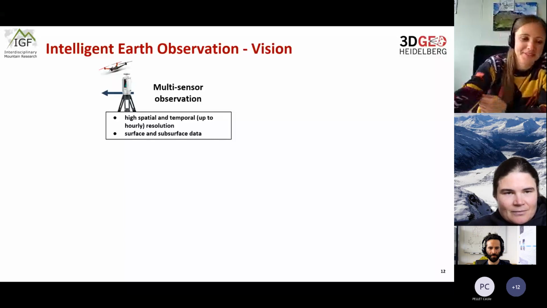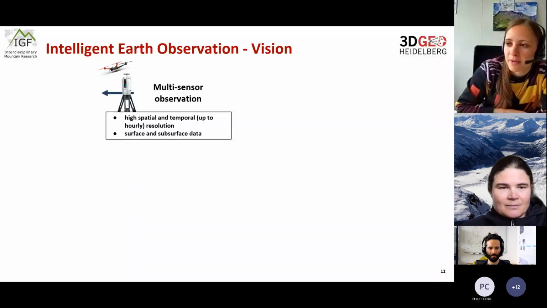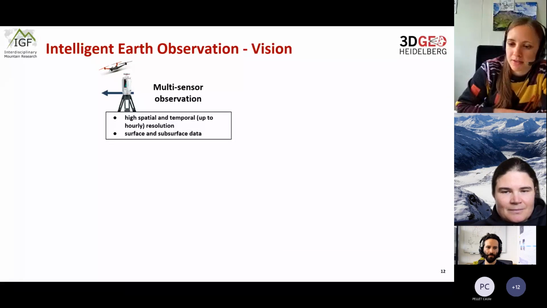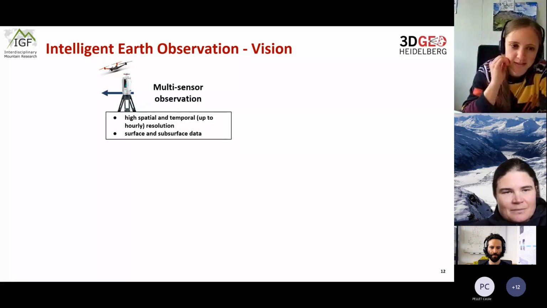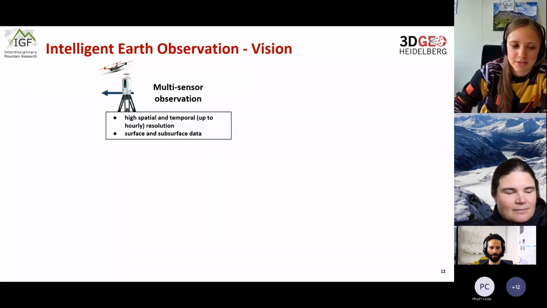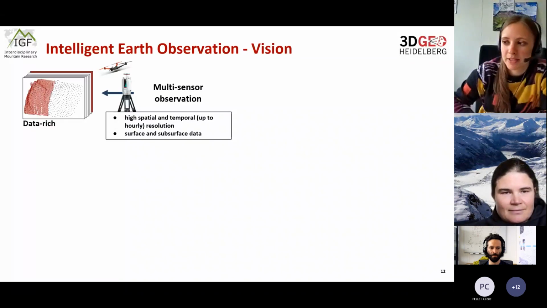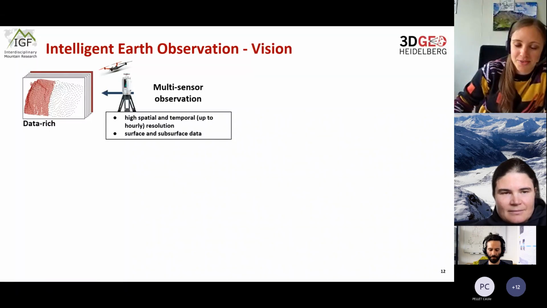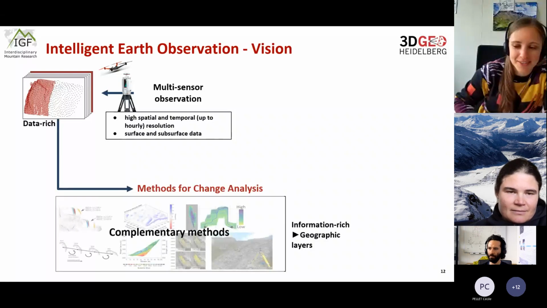In our vision or wish for the future, we would like to have a kind of intelligent Earth observation of the rock glacier, but this might apply well also to other phenomena where we have multi-sensor observations of the site or landscape scene, at high spatial and temporal detail, also including subsurface data, which is usually quite hard to get from rock glaciers. At first this produces a very large data set of different time series data.